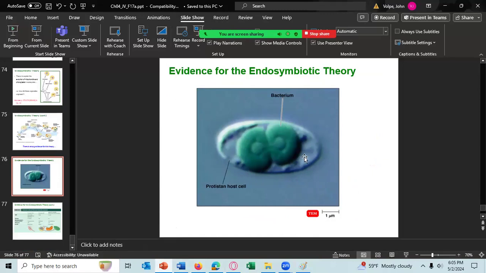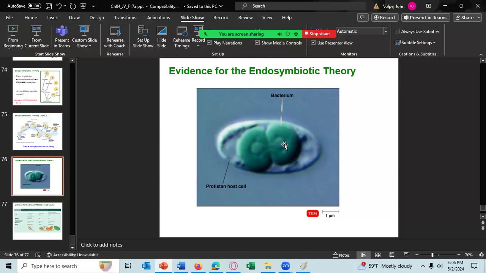It looks like a paramecium has taken up a bacterium, and then the paramecium feeds the bacteria, gives the bacteria a home, and then the bacteria engages in photosynthesis, which is why it's kind of greenish here, and then shares the sugar that the bacteria makes with the paramecium. So the paramecium can live together with another cell that it engulfs, and then they live in symbiosis. So we do see that happening.